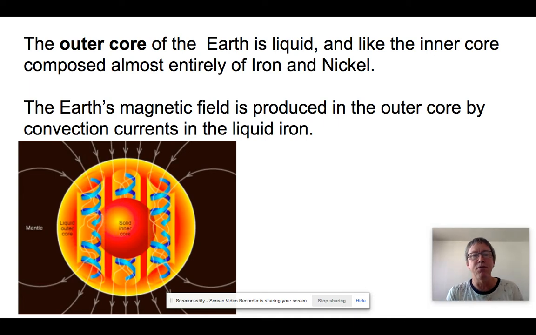Now, the outer core of the Earth is interesting for two reasons. It's chemically almost identical to the inner core, but because the pressure is less, it is able to be in a liquid state. The inner core is solid because of the high pressures, but the outer core, if you remember phase diagrams from chemistry, is liquid, but it's made also of iron and nickel.